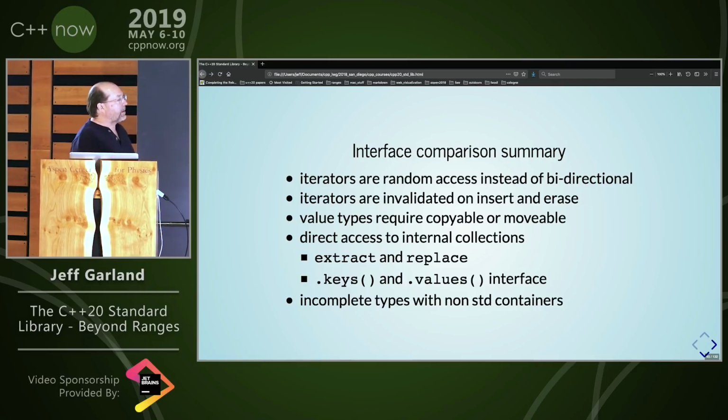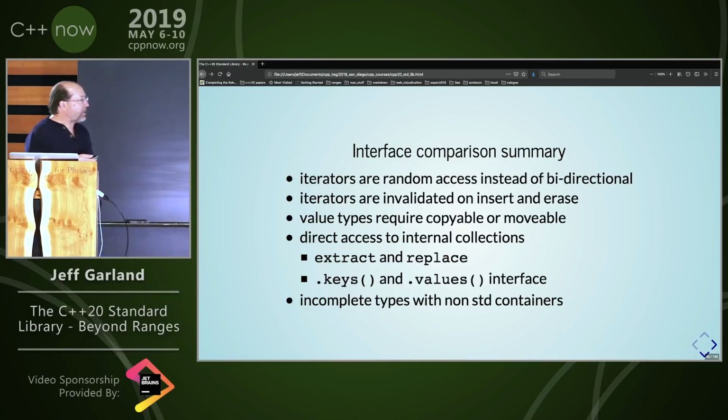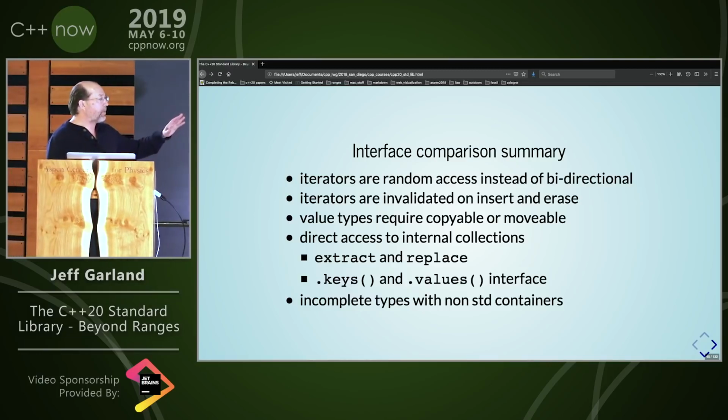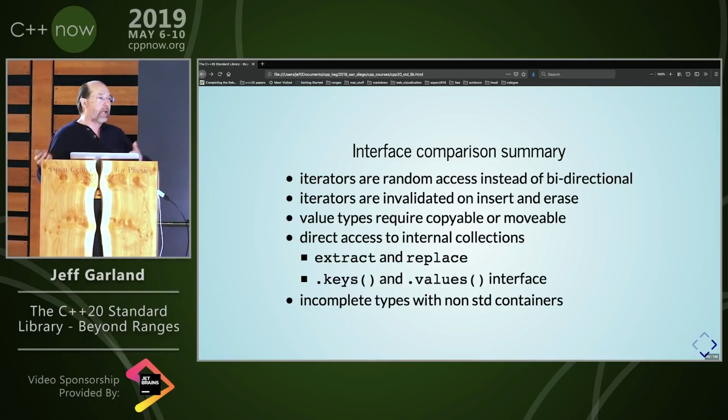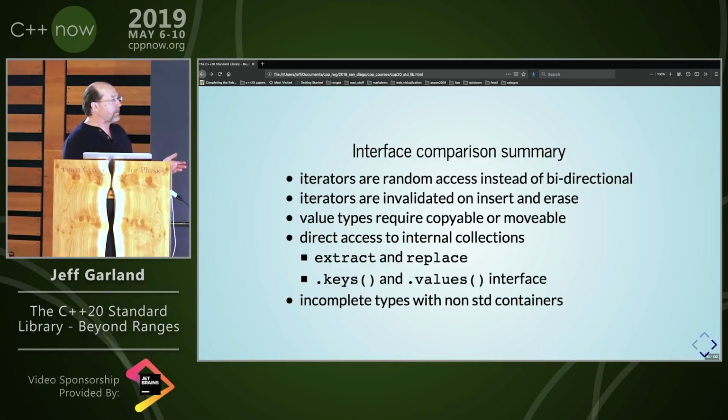In addition to that, the types are going to be required to be copyable or movable, and again, that comes from the underlying storage as compared to the storage in a standard map. The flat maps and flat sets are also going to give you some additional capabilities to extract the underlying container, to replace the underlying container, and to do some interesting things that you wouldn't think about.